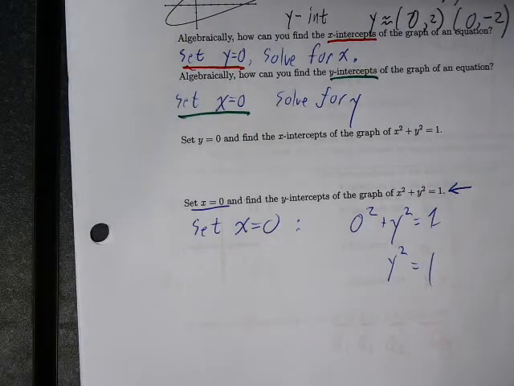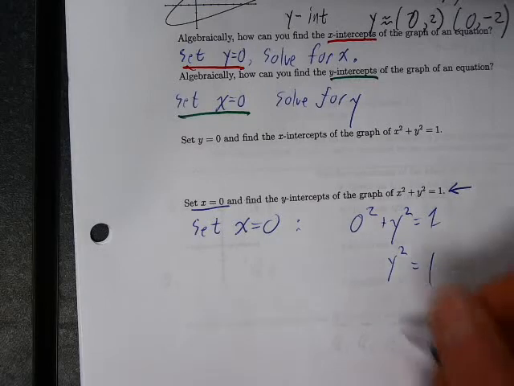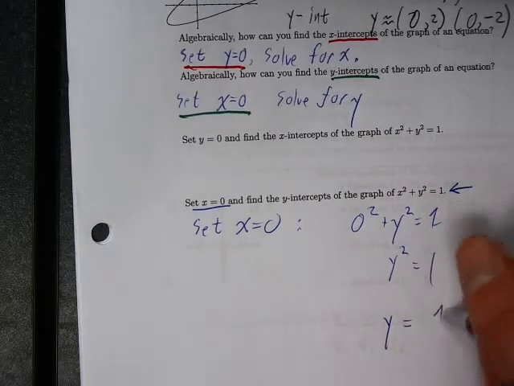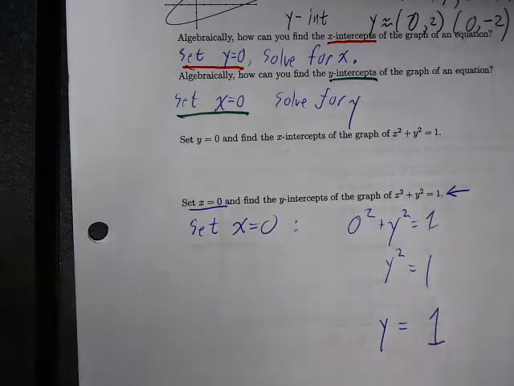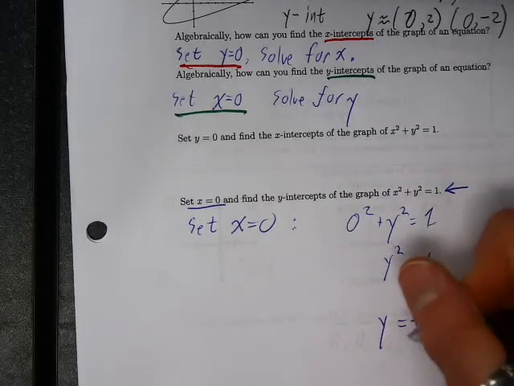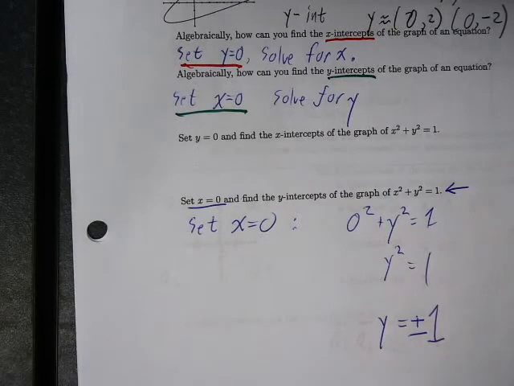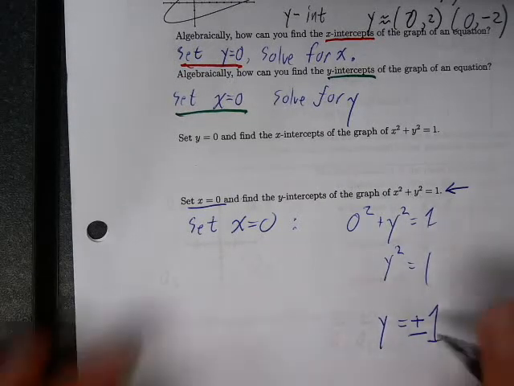What's the solution to that? Square root of 1. 1 is the square root of 1. But you're missing a solution. Plus or minus. Whenever you undo a square with a square root, you lose information. Right. Negative 1 also has the property that its square is 1.